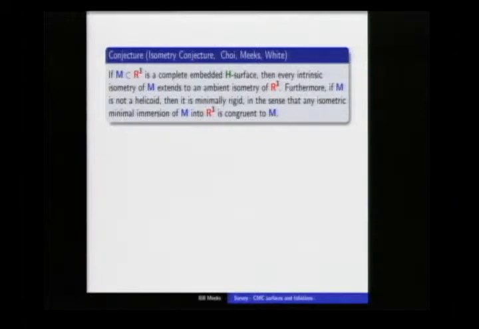To do that stronger result, it suffices to prove that the helicoid is the only complete embedded minimal surface in R3, that's not the plane, with the property that it has no flux.